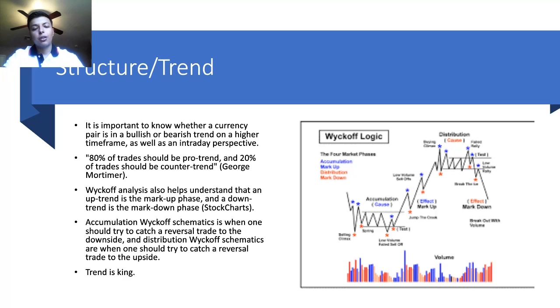And Wyckoff analysis also helps us understand that an uptrend is the markup phase and a downtrend is the markdown phase. And accumulation Wyckoff schematics is when one should try to catch a reversal trade to the downside, and distribution Wyckoff schematics are when one should try to catch a reversal trade to the upside. And I learned this thanks to stock charts. And like I said, trend is king, so usually always follow trend.